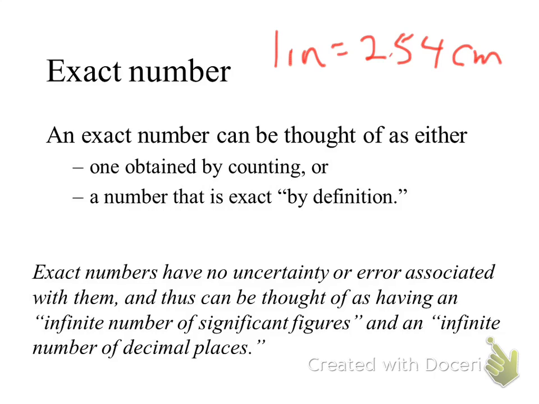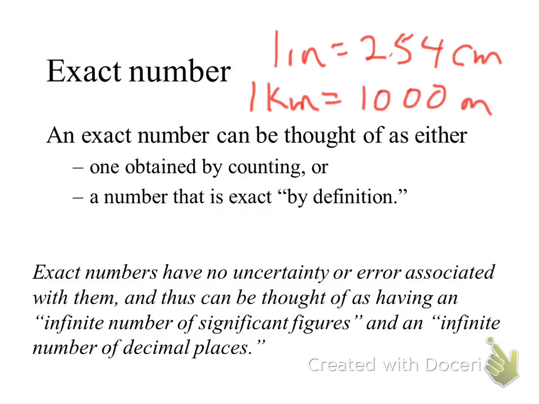Somebody was thinking when they linked those 2 systems with regard to length. Another good example of by definition is within the metric system, the whole prefixes thing. For instance, I could say 1 kilometer is exactly equal to 1,000 meters. That's by definition, no uncertainty there.